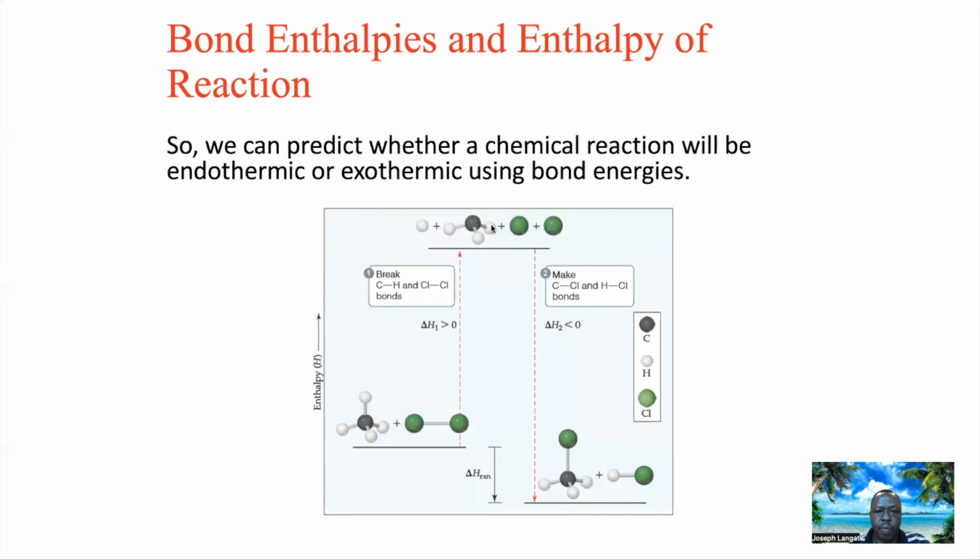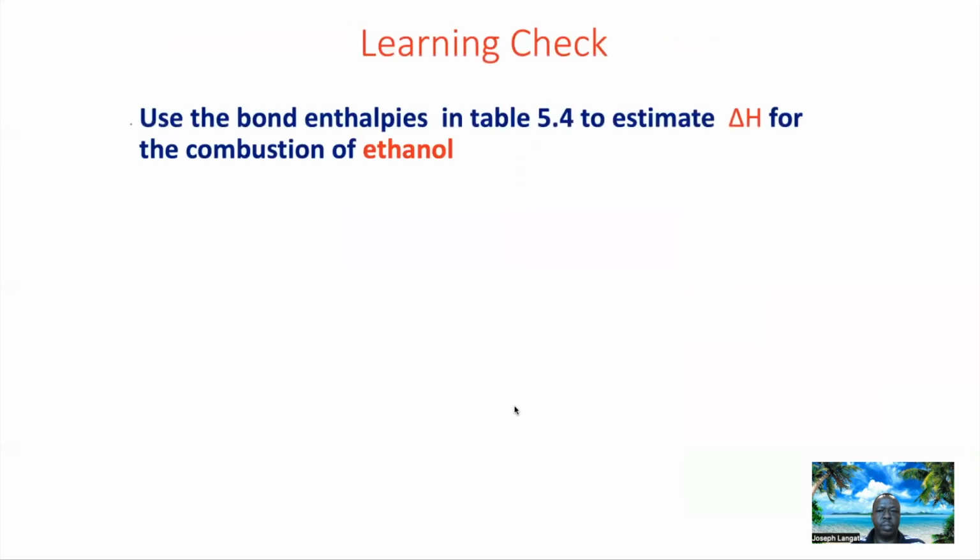For example, here, if you look at the combustion of methane, the formation of the new bonds. Using an example in the text, use the bond enthalpies in table 4 to estimate the enthalpy for the combustion of ethanol.